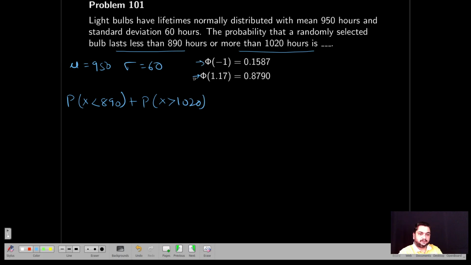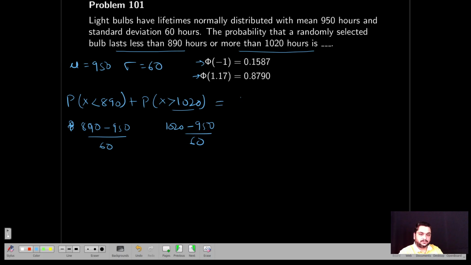The values are given. You convert these to Z first. So this will be 890 minus 950 divided by 60, and this will be 1020 minus 950 divided by 60.